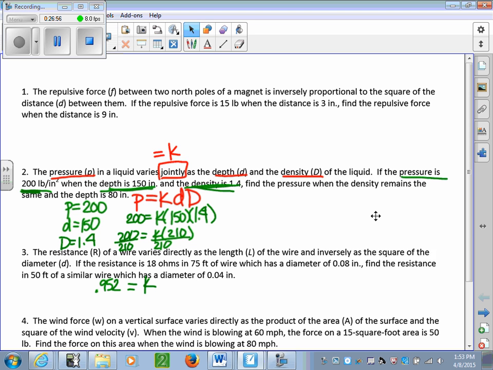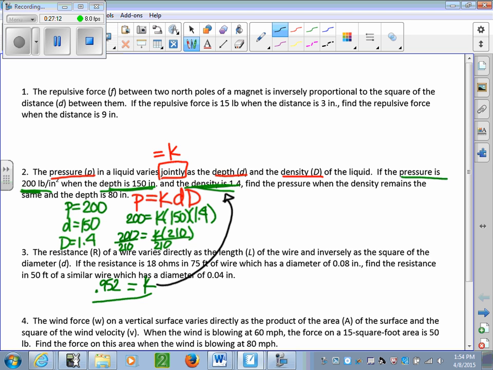My question could ask me to find my constant of variation, in which case I would stop right here. But this question is going to ask me to use this constant of variation to make a prediction or find something. So to do that, I'm going to put this constant back into the original equation that I made, which is P equals, now I know my K, which is 0.952, times little d, big D, or depth times density.